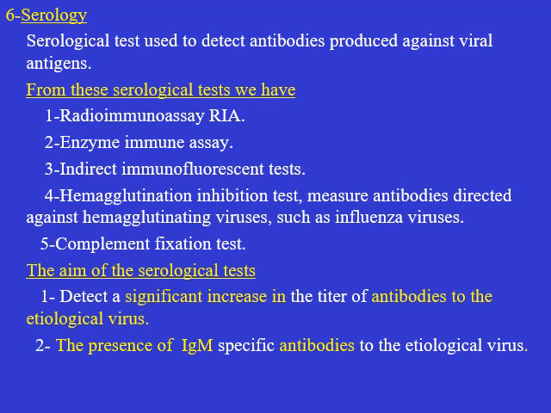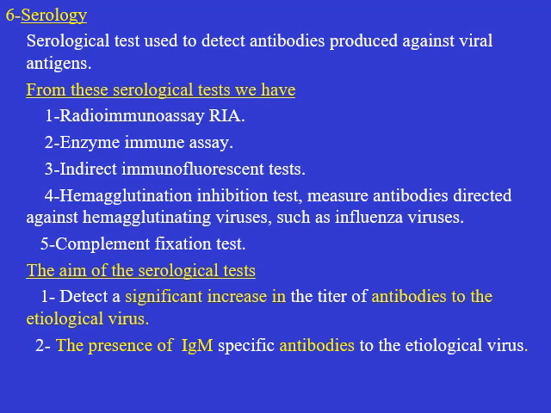The second aim of the serological test is the presence of IgM specific antibodies to the etiological virus. So in serology, we are aiming for 2 things. 1. Looking for a 4-fold increase in the antibody titer to the etiological virus, done by taking 2 samples, one at day 0 and the second after 2 weeks.